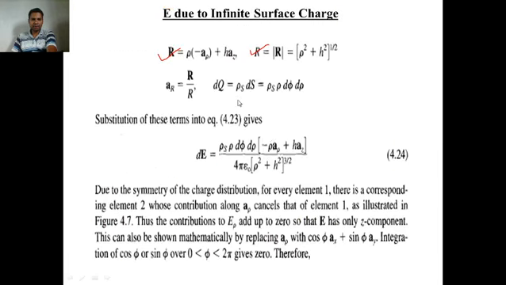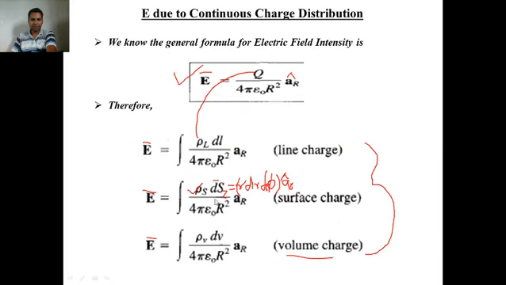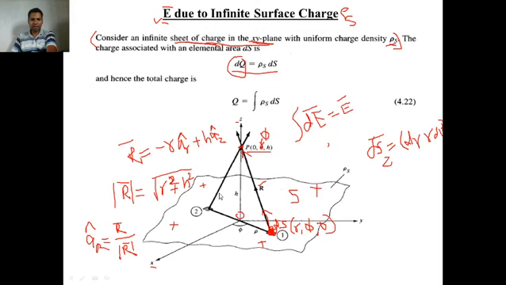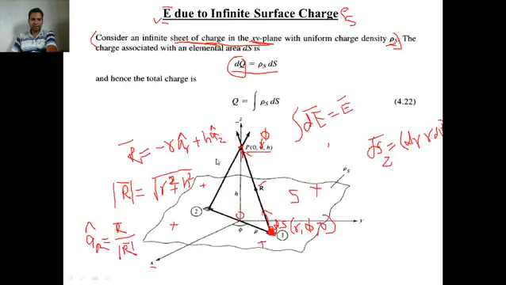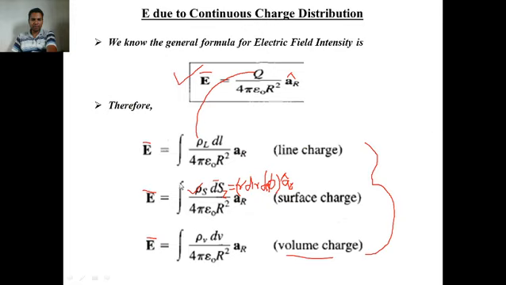Once you put this, then substituting all these terms into this formula, we will get dE bar. Why dE bar? Because if integration is not involved, then it is dE bar; if integration is involved, then it is E bar.